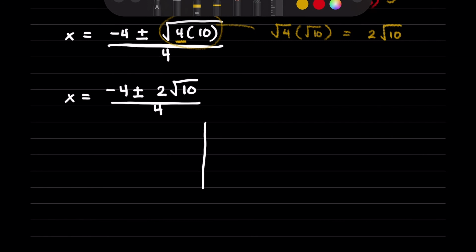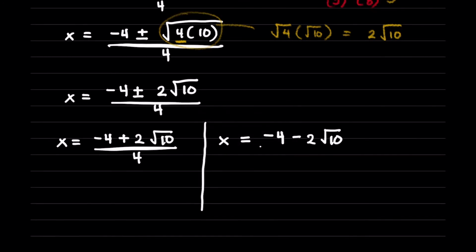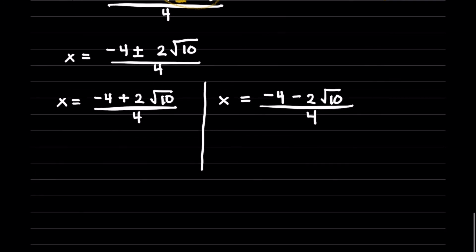Okay, so next thing na gagawin natin is separate natin. So, x natin is negative 4 plus 2 square root of 10 all over 4. And the other one is x is equal to negative 4 minus 2 square root of 10 all over 4. Okay.